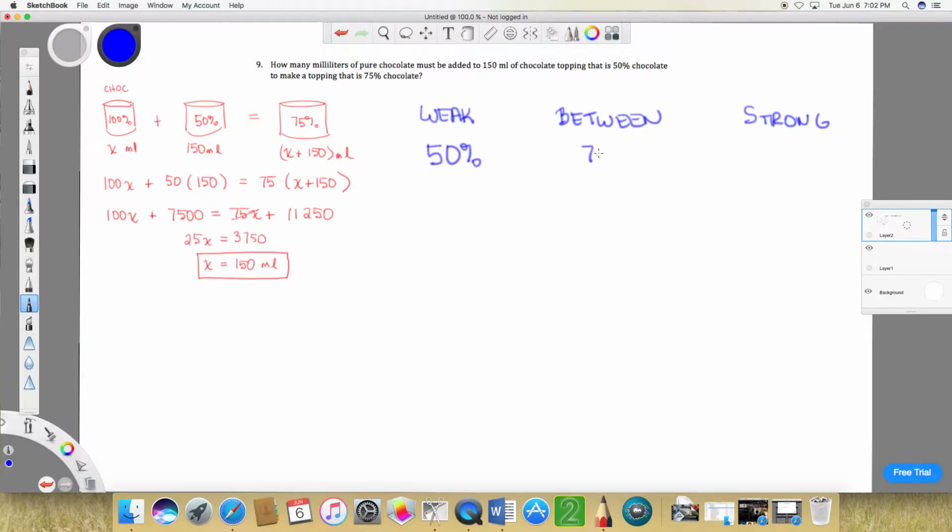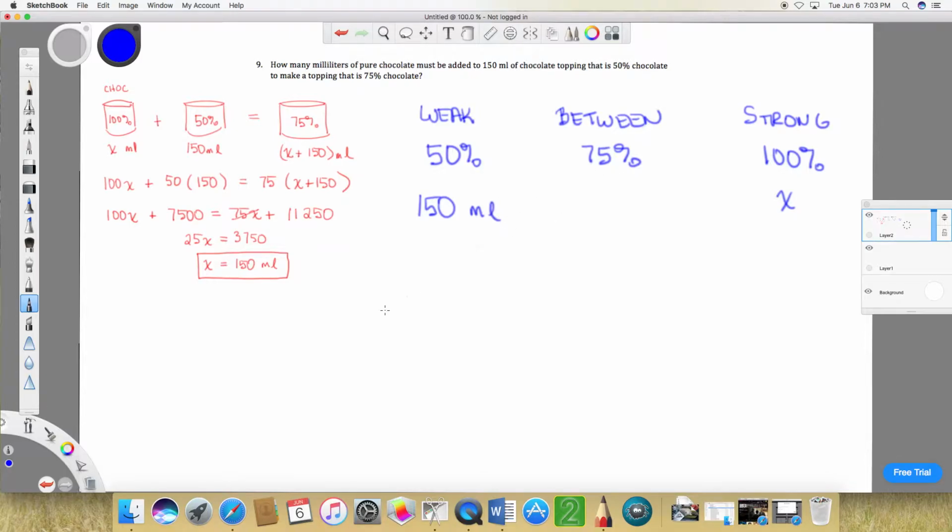What was in between was the 75%, because for strong we had pure chocolate at 100%. That's what the variable was, how many milliliters of pure chocolate. So our X was the volume of pure chocolate, and they told us that the other was 150 milliliters.